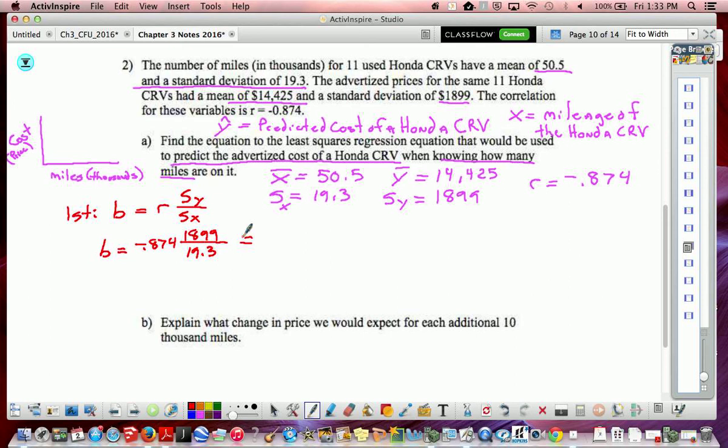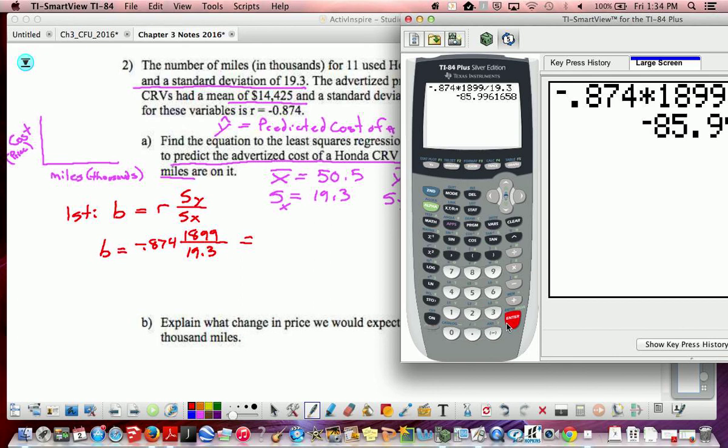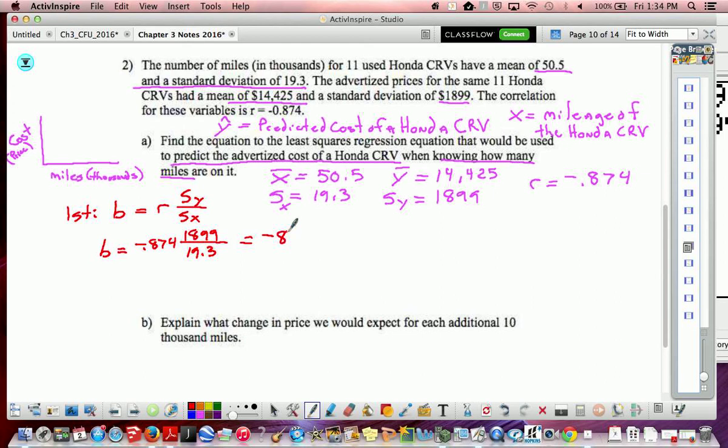So, calculator time. We'll pull that up real quick and let's multiply and calculate that out. Negative 0.874 times 1899 divided by 19.3. Negative 85.996. Since we're talking about a price here, let's round it.